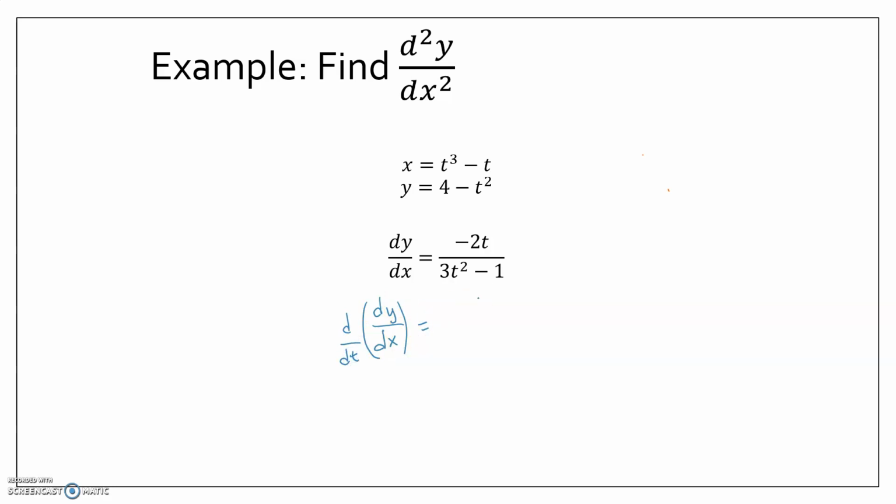Take a deep breath, because we are doing quotient rule, and then some simplifying because it's too ugly to just leave it the way it is, unless this is a test and it's free response.